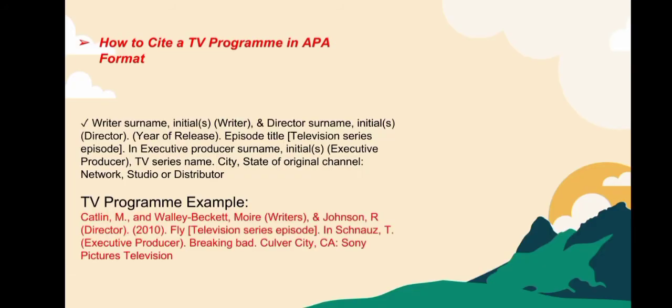So in how to cite a TV program in APA format, it might turn out to be difficult because of all the things we have to follow, but it's not that difficult. It's just as follows.